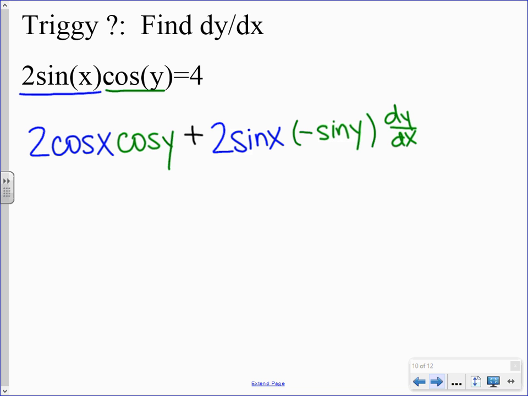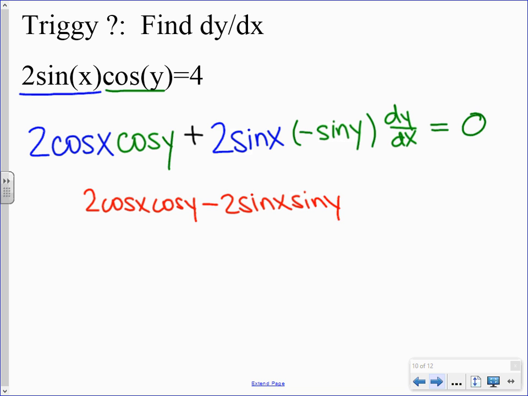What's the derivative of 4? Zero. So what we have is 2 cosine x cosine y minus 2 sine x sine y dy/dx equals 0.